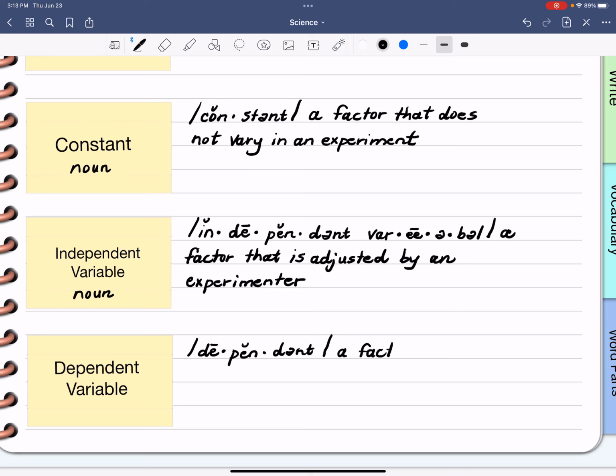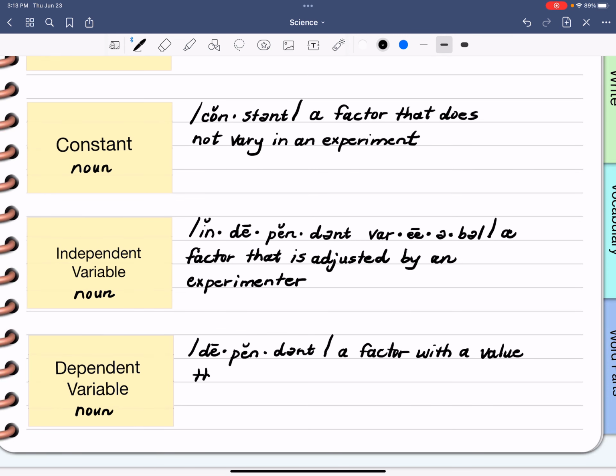That's a thing, so that makes it a noun. A factor with a value, sorry, I almost misread that, with a value that depends on the independent variable.